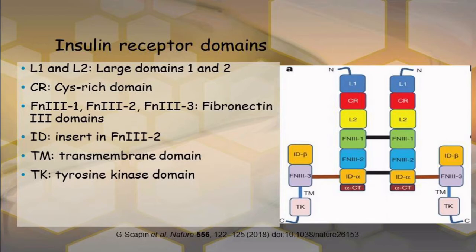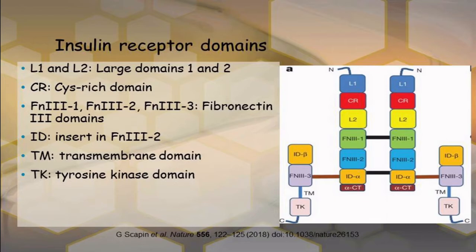There are large domains L1 and L2, the cysteine rich domain CR, fibronectin 3 domains FN31, FN32 and FN33, and then the insert domain, which is inserted in FN32.